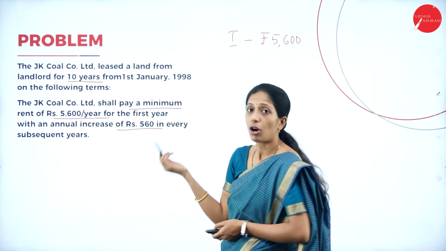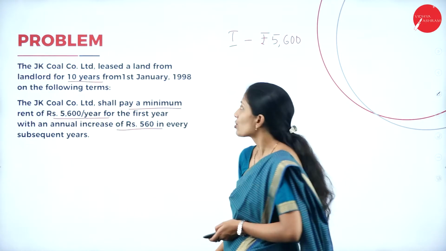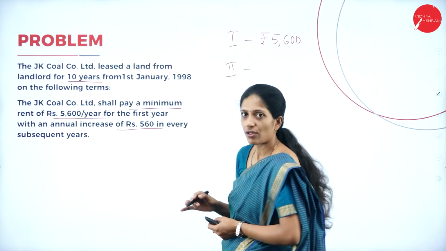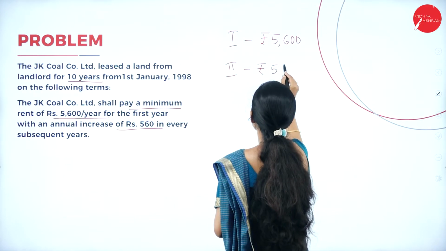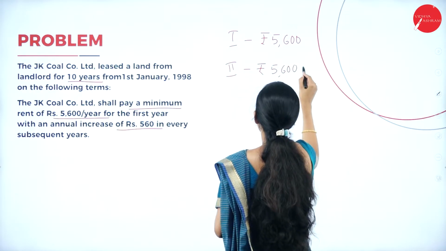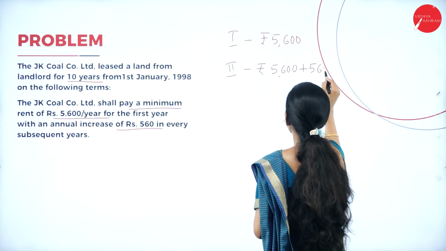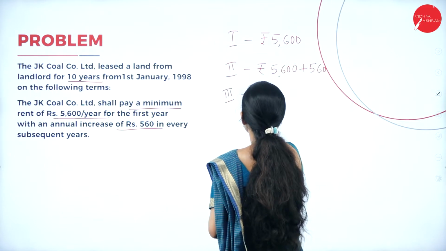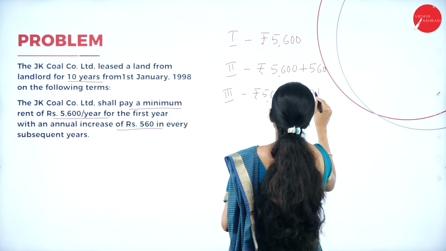Now, let us see for how many years we have to prepare. So they have given 5 years. In the sense, the first year it is 5,600 as the minimum rent. For the second year, 5,600 and there is an annual increment every year, that is plus 560. Next, for the third year, rupees 5,600 plus 560 plus 560.